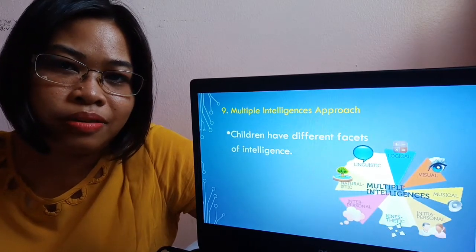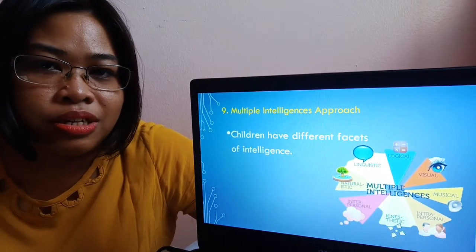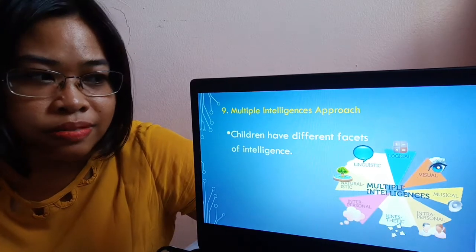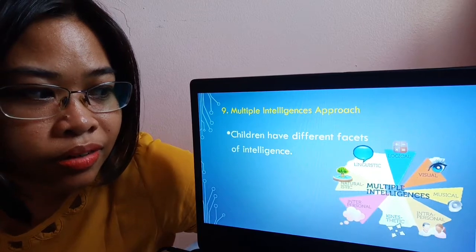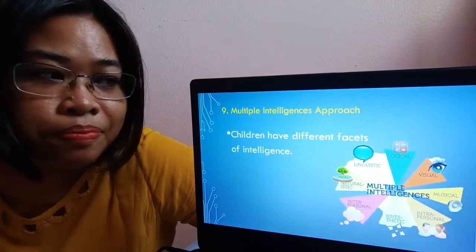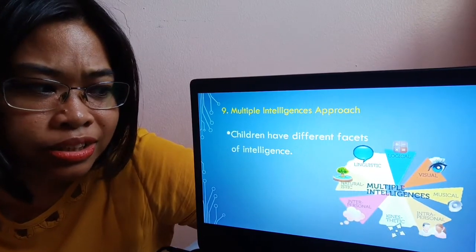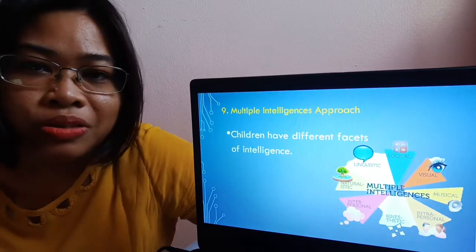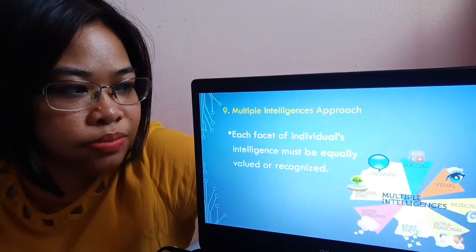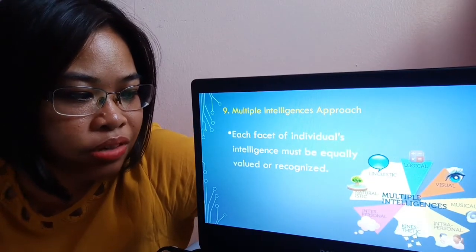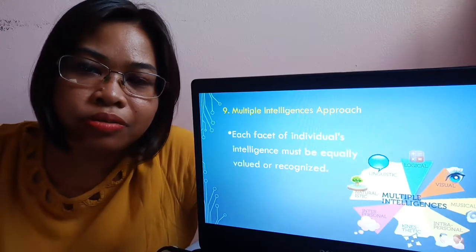They can be intellectually excellent in the logical, visual, or musical facet of intelligence. They can also be naturalistic and more. Each facet of an individual's intelligence must be equally valued or recognized.